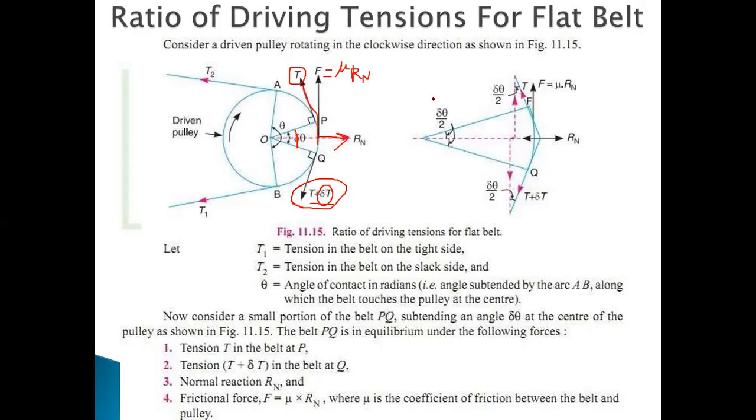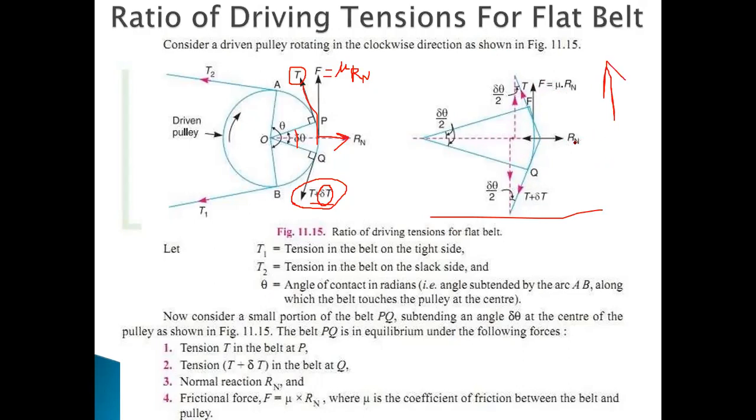Right? So if you are taking a free body diagram, here this is a free body diagram. The force F, which is perpendicular to the normal, acts in the upward direction, F is equal to mu Rn.